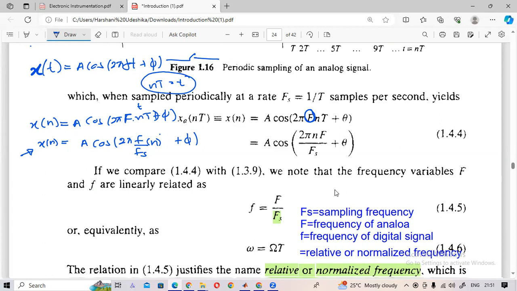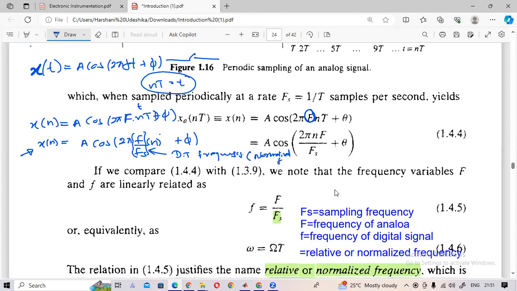So now this will be the discrete time frequency, and it is normalized by the sampling frequency. So this is also called the normalized frequency.